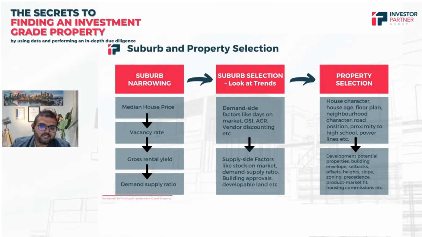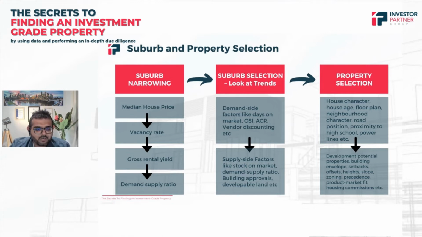But if you'd have picked that suburb in 2018, you would have caught a significant amount of growth between 18 and 21. Now, people who bought there in 2010 would see exactly the same growth between 18 and 21, and people who bought in 17, 18 would catch exactly the same amount of growth. Who do you think is better off? You're better off being as close to the growth curve as possible.